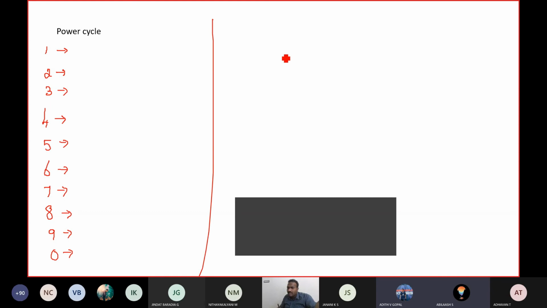Okay, guys, listen carefully. What will be the last digit of 1 power 31? 1, because 1 power any number is again 1 only. Same way, 11 power 21. What will be the last digit?